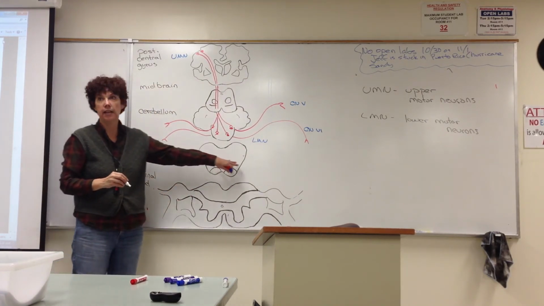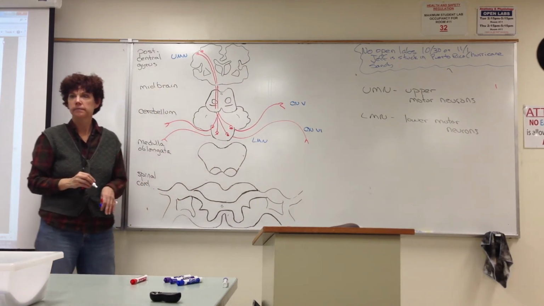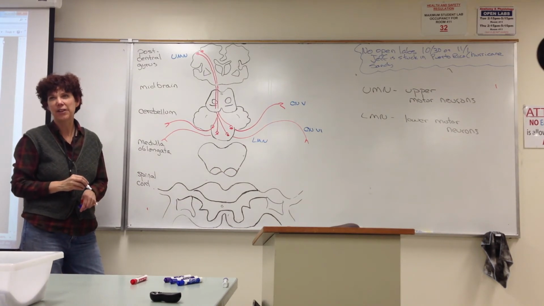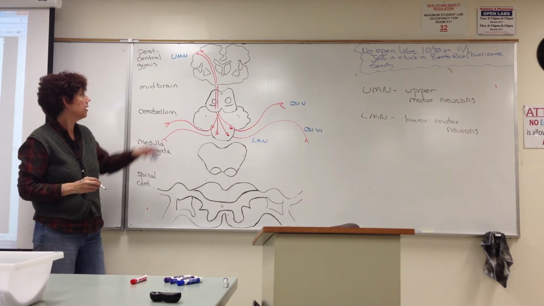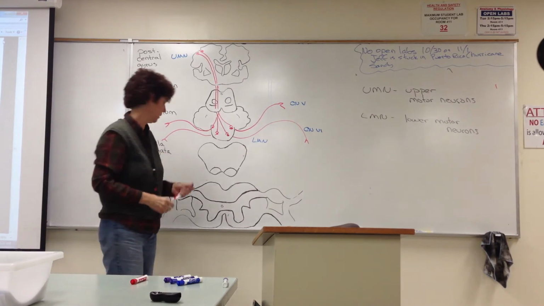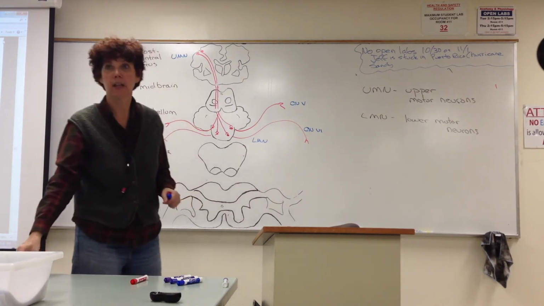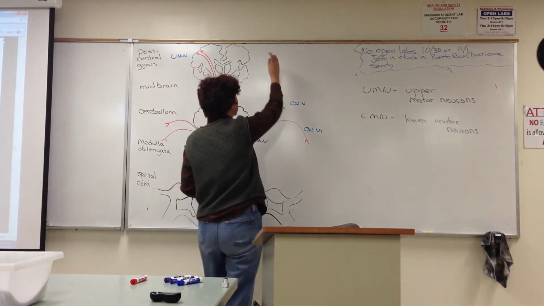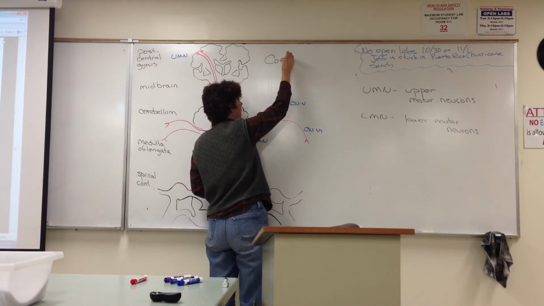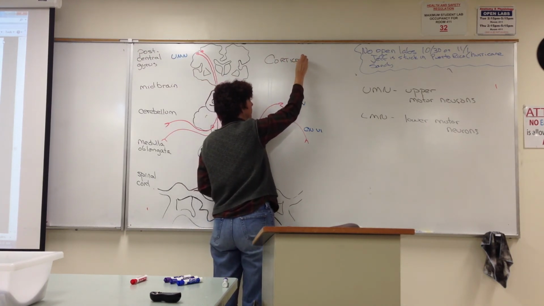and we could have the glossopharyngeal, okay, or the vagus nerves as well down here. So corticobulbar tract is voluntary motor to the face, where the lower motor neurons are found in the brainstem.